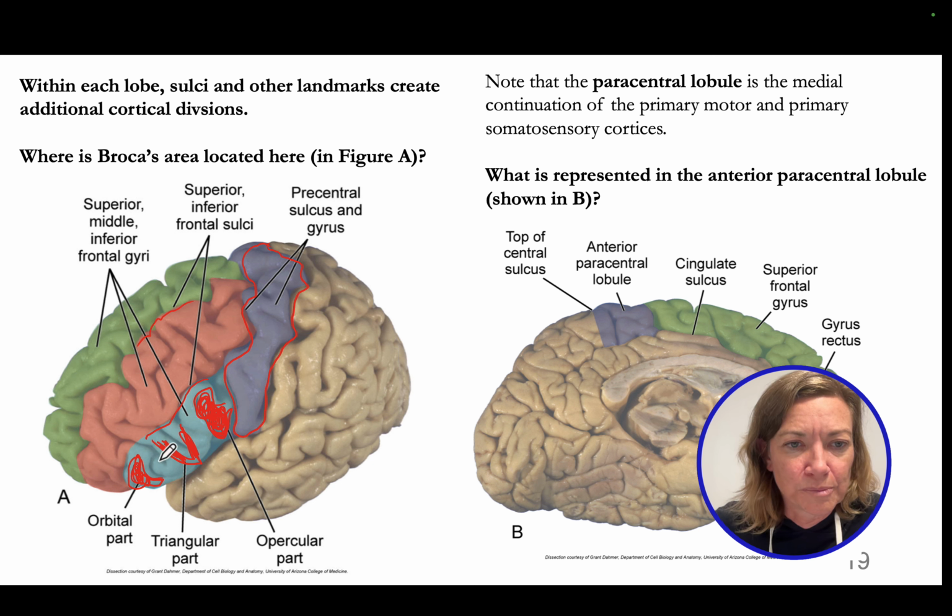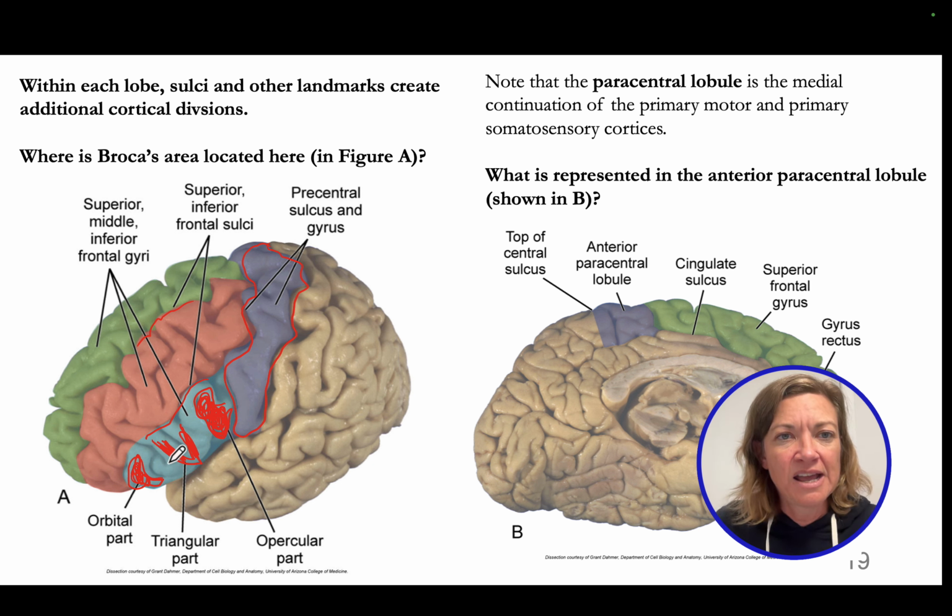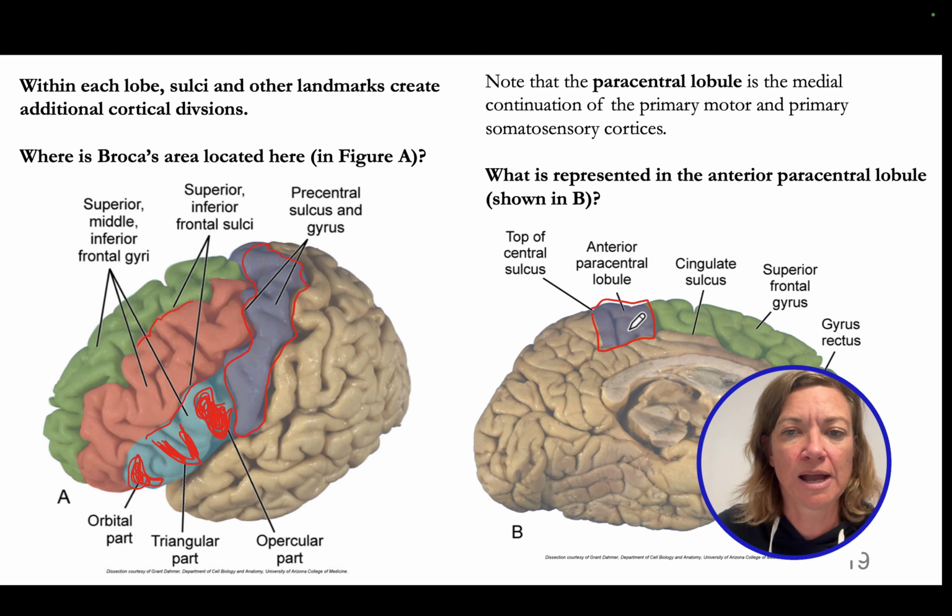Those are increasingly smaller subdivisions of the frontal lobe. Now, on the medial surface, there's another important subdivision: the anterior paracentral lobule. It straddles the medial portion of the central sulcus, and it's the medial continuation of the primary motor and primary somatosensory cortices.